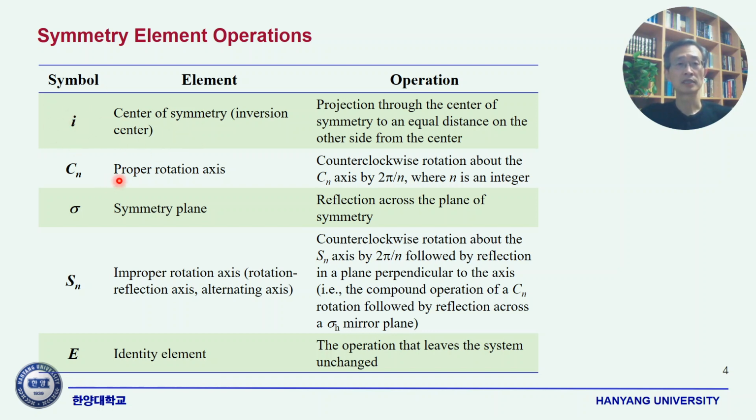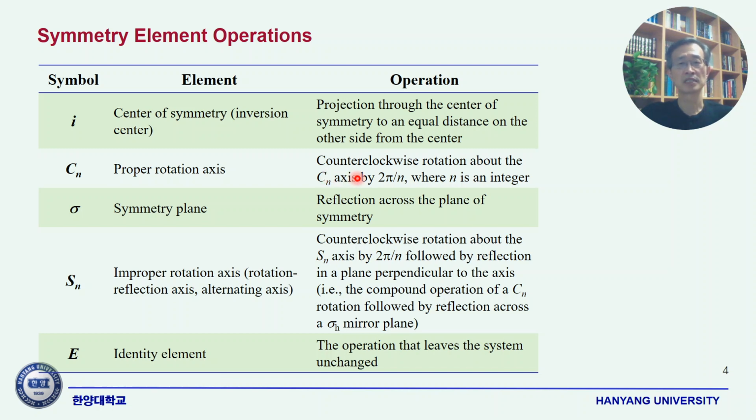Okay. C is a proper rotation axis, and S is an improper rotation axis, which are different. Cn is a proper rotation axis, a symmetry axis, the line of symmetry. They say counterclockwise, but I used to do it in a clockwise rotation. But either way, you just keep the same way. So clockwise or counterclockwise rotation about the Cn axis.